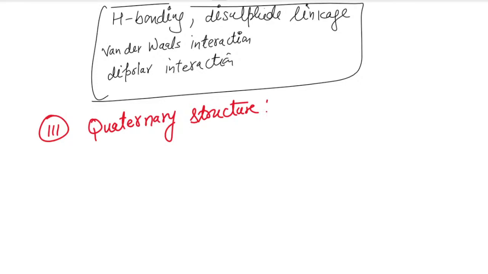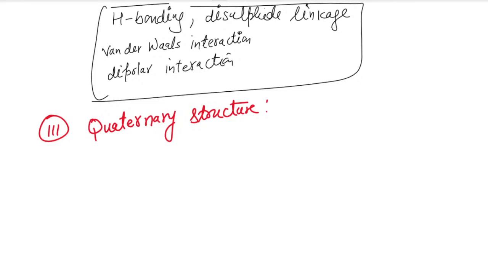Quaternary structure. Although many proteins exist as a single polypeptide chain, there are certain proteins which exist as assemblies of two or more polypeptide chains. What do we call these? Subunits or protomers.